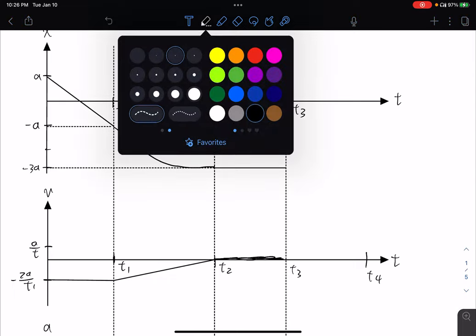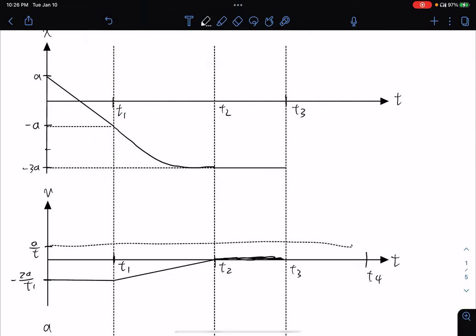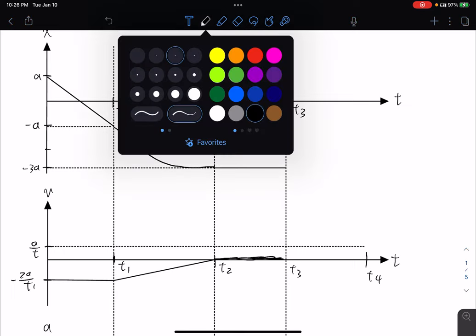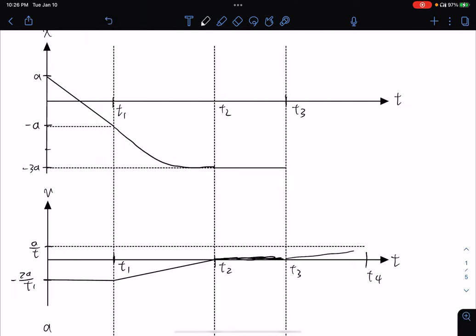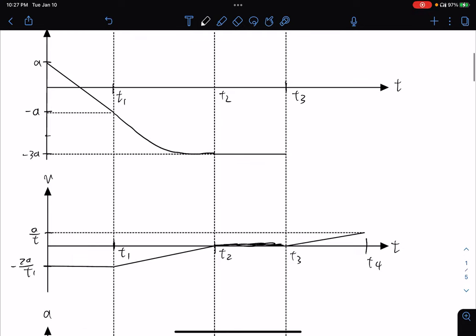Let's draw some dotted lines to guide us. And it's going to increase its velocity at a constant rate, so it's going to be a straight line again.